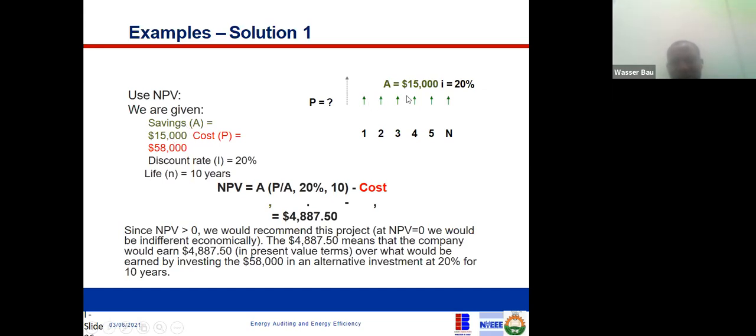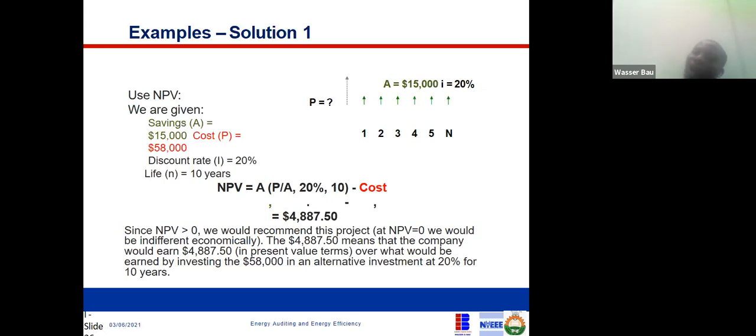So in this cash flow diagram, you can see that 15,000 is going up every year. And the lifespan is 10 years. The discount rate is 20%. I told us ab initio that when you see the word net, net means the subtraction of something.